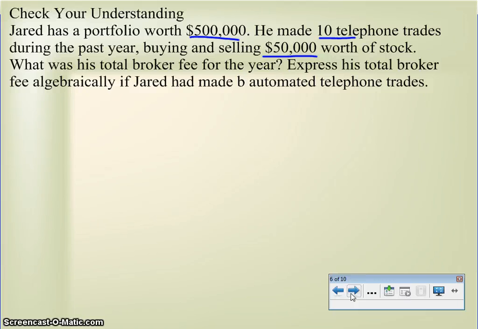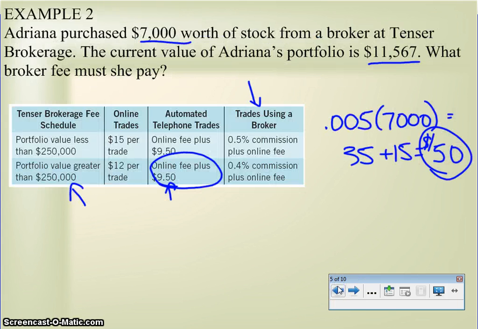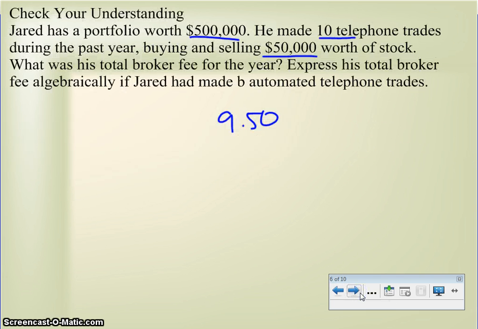So the $9.50 is for the telephone trade, and then notice also he only pays $12 online for that fee, so we're going to add the $12 to the $9.50. So $9.50 plus the $12, it's $21.50 per trade.